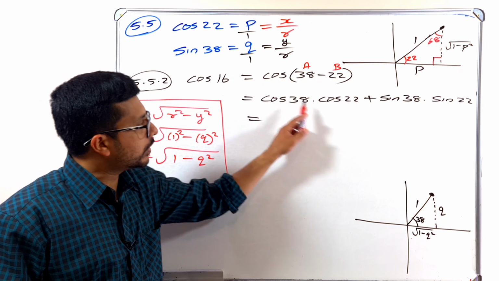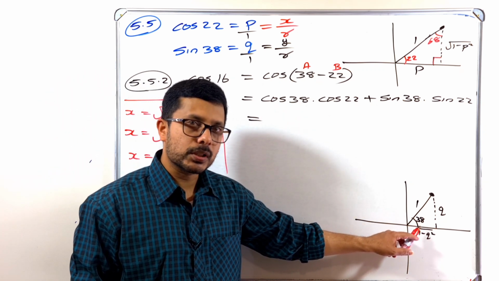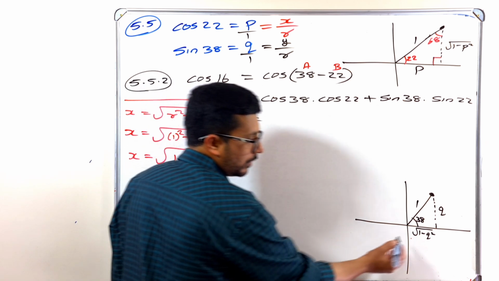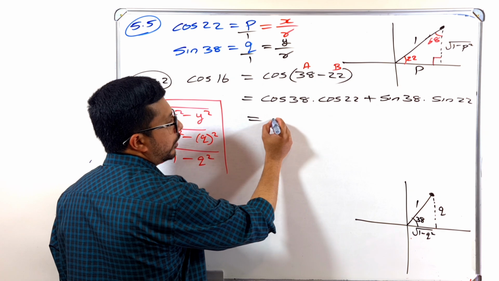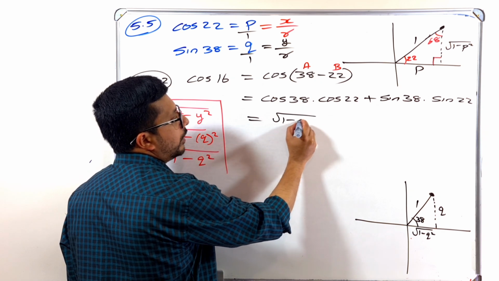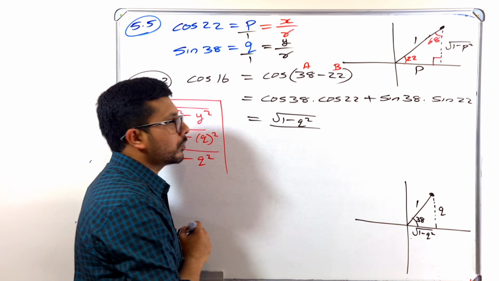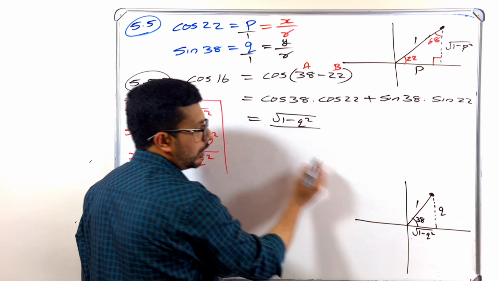Cos 38, based on this one. What is cos? Adjacent by hypotenuse. Adjacent side is x, which is root of 1 minus q squared, divided by hypotenuse. Cos is adjacent by hypotenuse, x over r. What is r?